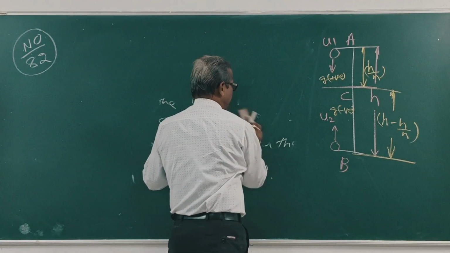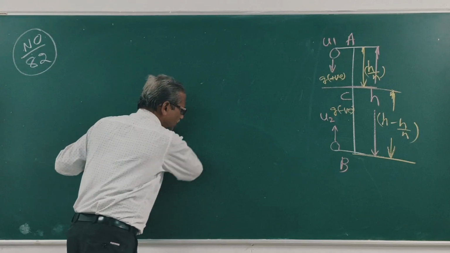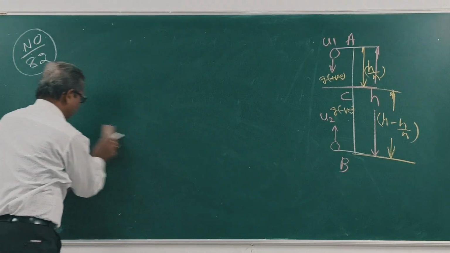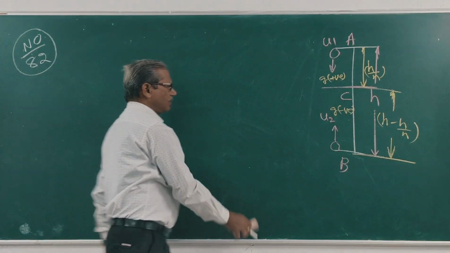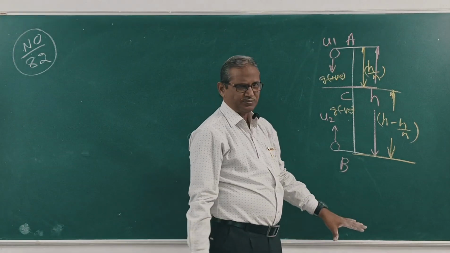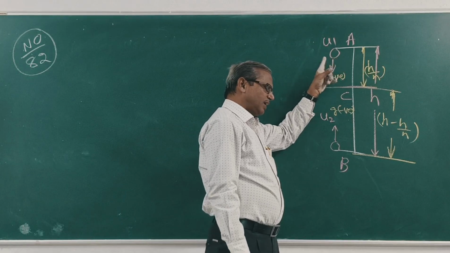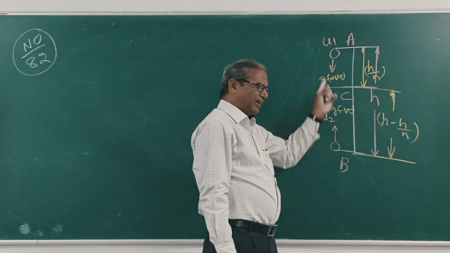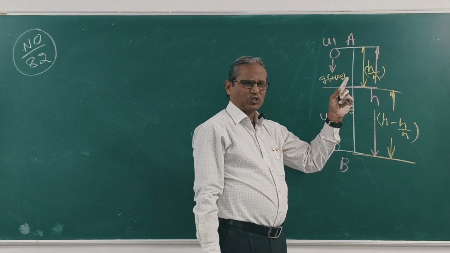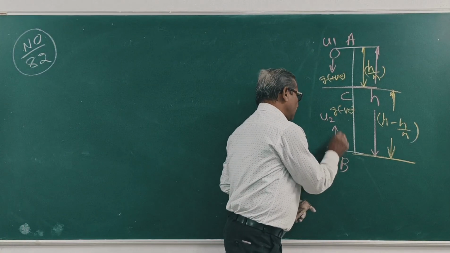Again, I am explaining the figure. This is the tower. Total height is h. A particle drops from point A. At the same time, another particle rises vertically upwards from point B. This is particle 2. This is particle 1.